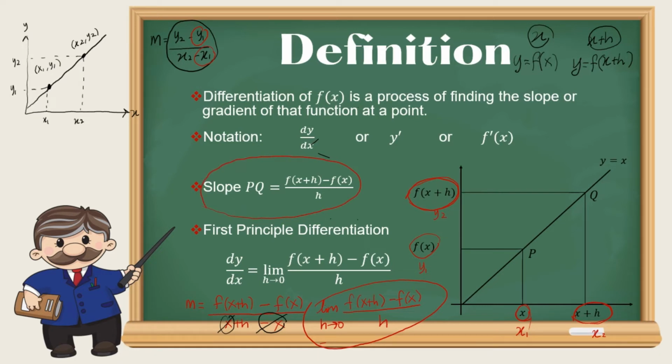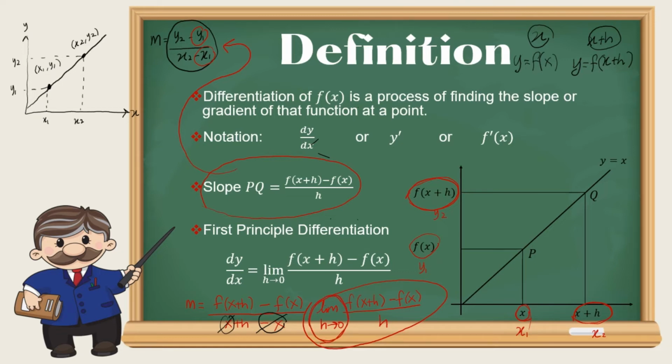Okay, where the formula to find the slope of the function comes from the previous formula to find gradient that we learned before. So this one is actually the first concept or the definition of differentiation, where again I repeat, the process of differentiation is actually the process of finding the slope or gradient of a function. It's just that we are applying the limit here.